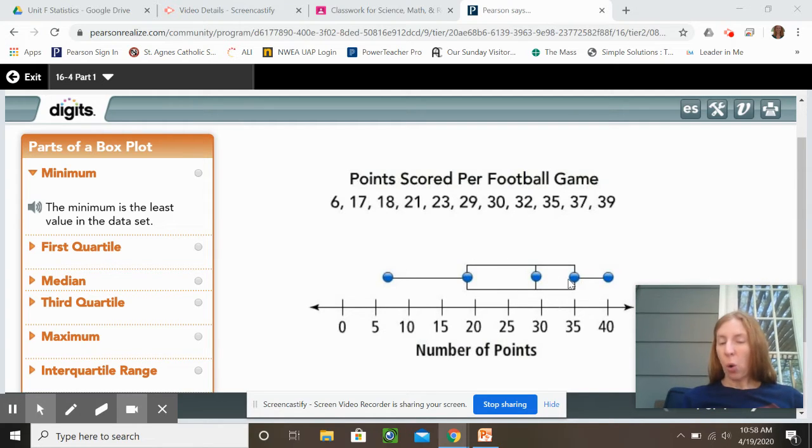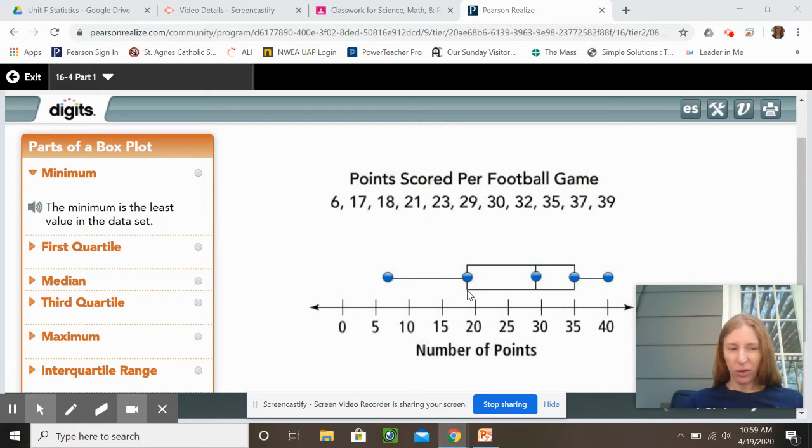But the interquartile range is you're going to take the quartile 3 right here, which is 35 points, and you subtract it by the first quartile, which is about 19. So you subtract the top of this box and you subtract it from the lower part of the box. So that is called the IQR.